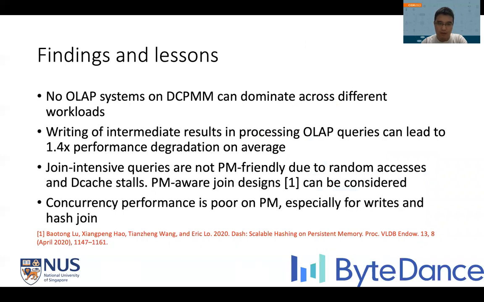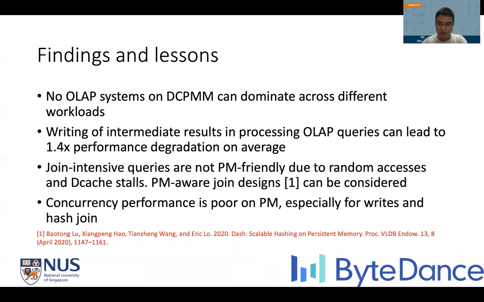From those experimental results, we can get some findings and lessons. For example, the writing of the intermediate results in processing OLAP queries can lead to performance degradation. So we need to consider how to reduce the intermediate results materialization. Another problem is join-intensive queries are not PM friendly because of the random access.